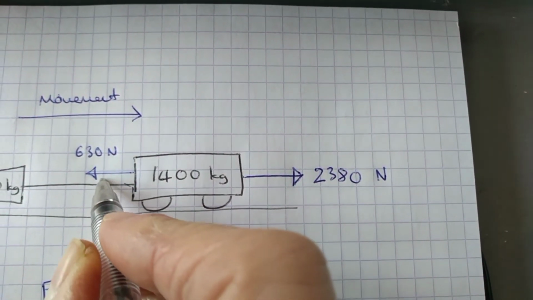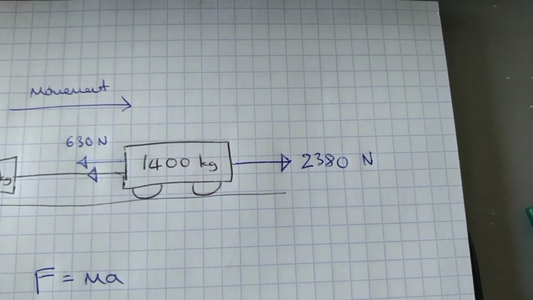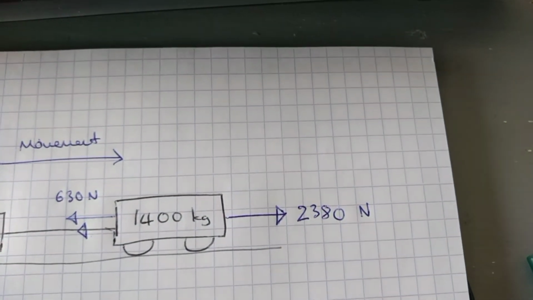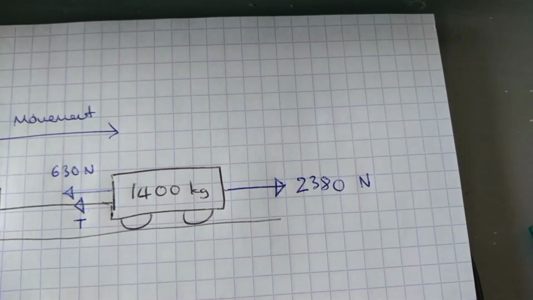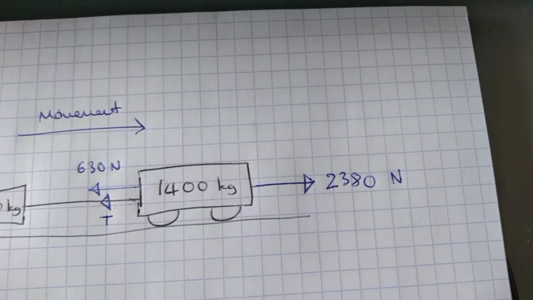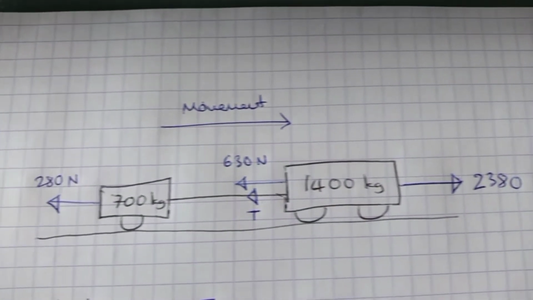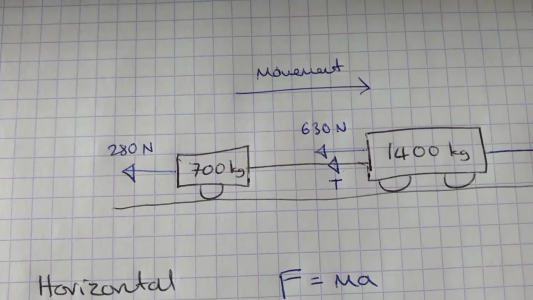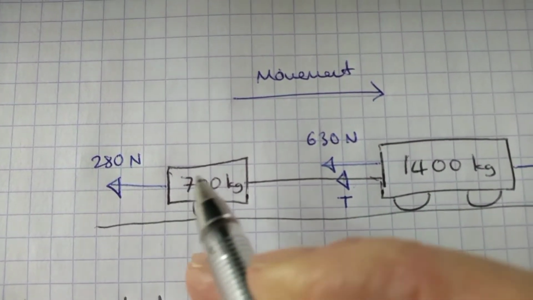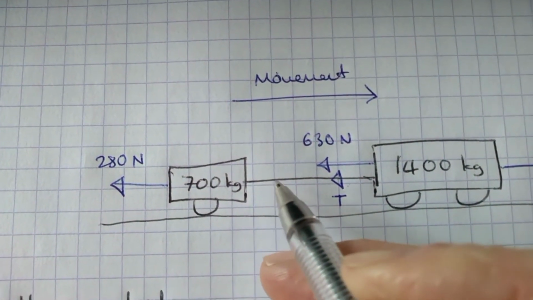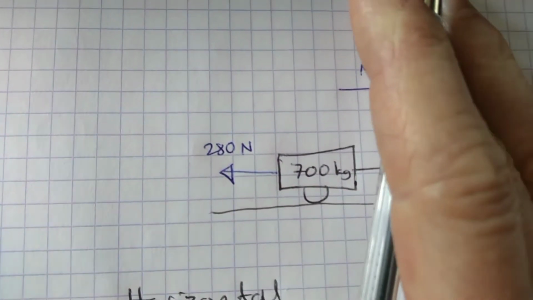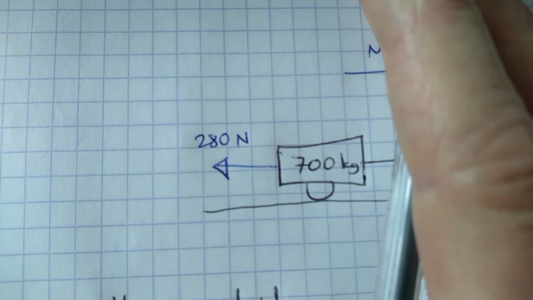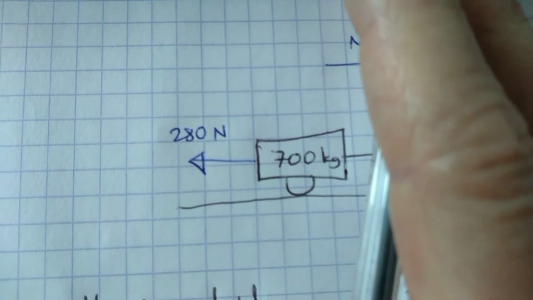So there is a force in here because we're tugging this trailer along. We don't know what that is yet, so we're going to label that with a T, tension in the tow bar. And because our tow bar is light and inextensible, it doesn't really do anything itself. But if we ignore the car now and just look at the trailer, all we've got is a force backwards on the trailer.